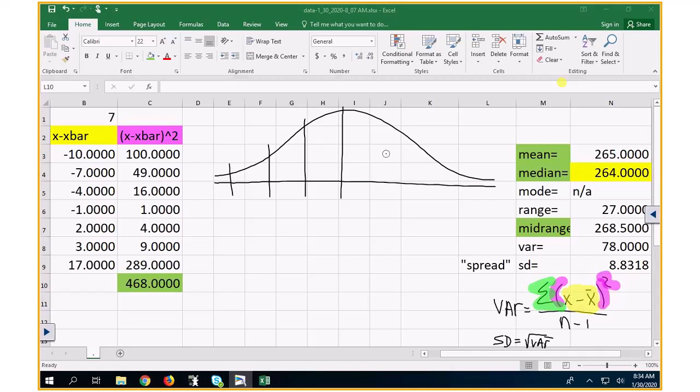Is it on 32 or 132? It should say empirical rule.